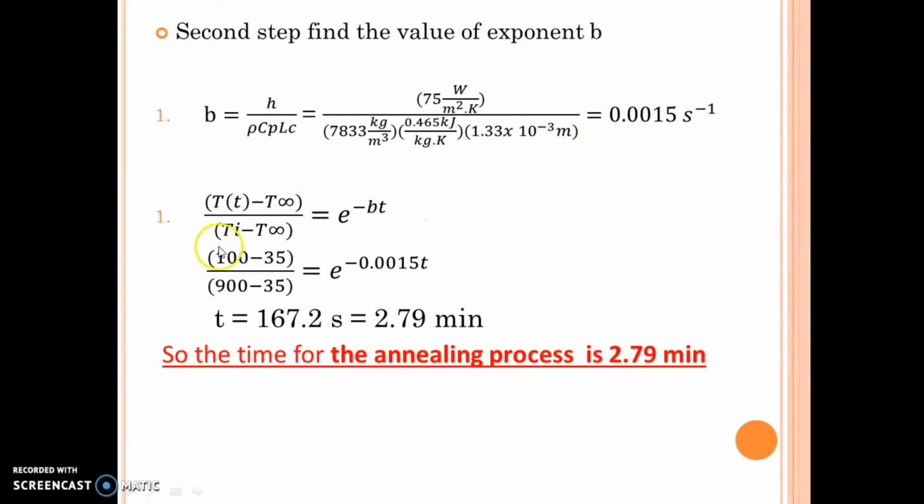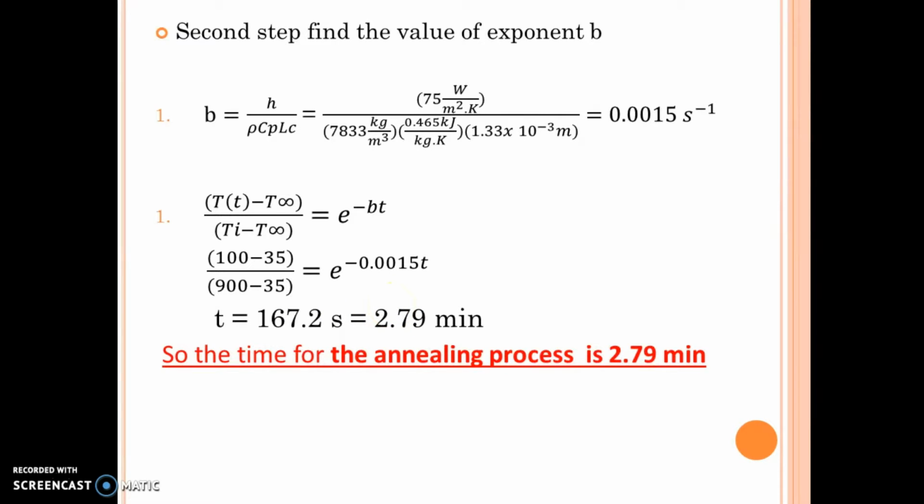Then we find the time that we need for the annealing process using this formula, and we insert the values here and here. Then we get the time is 167.2 seconds, which is equal to 2.75 minutes.